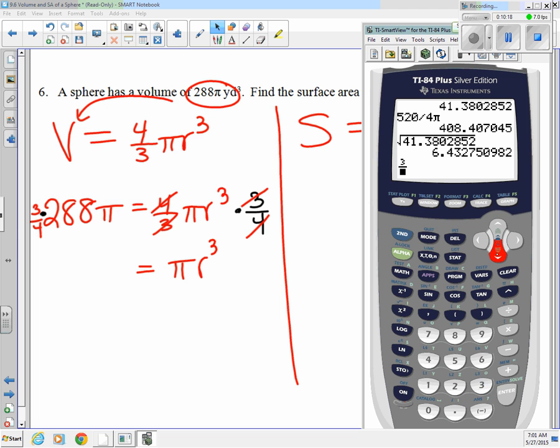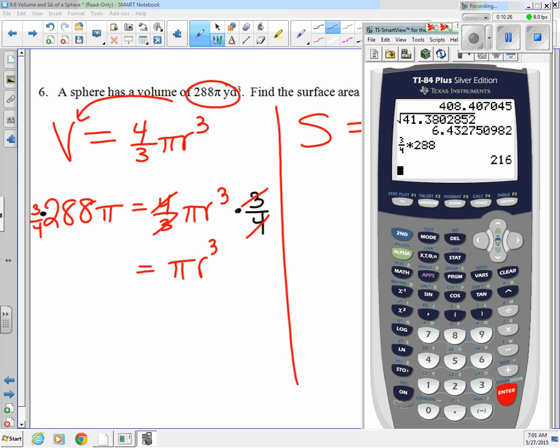I can do 3/4 times 288. Okay, and that equals 216. So I have 216 pi equals pi r cubed. And then I can divide out by pi, because ultimately I want to solve for r. So then I get r cubed equals 216.